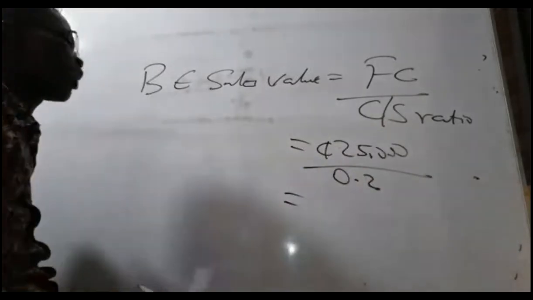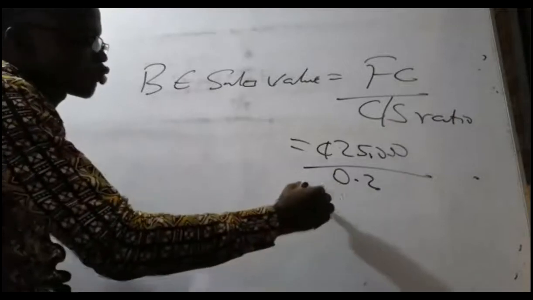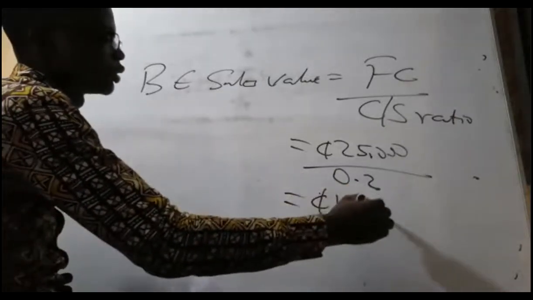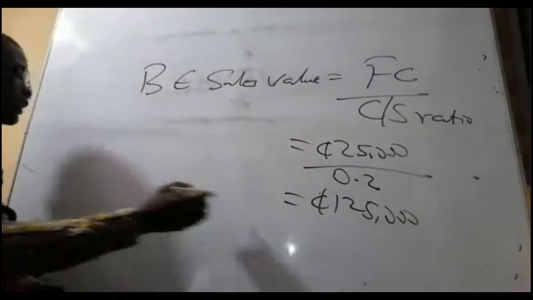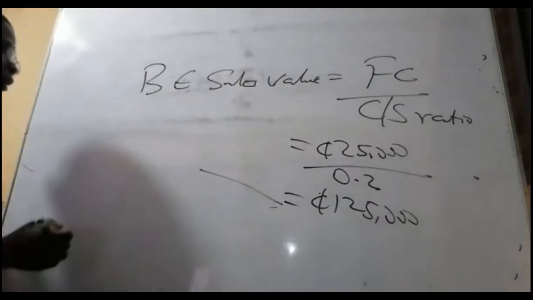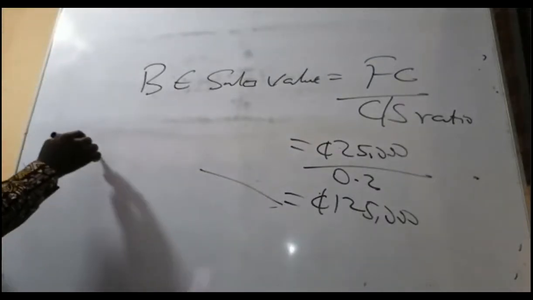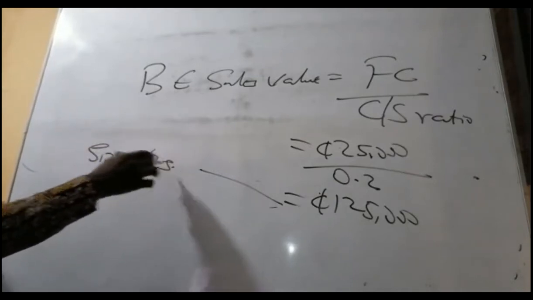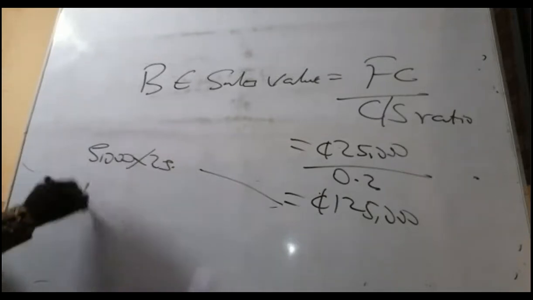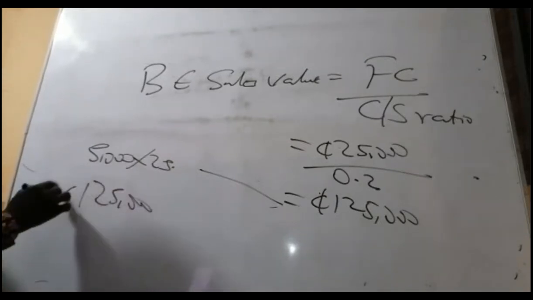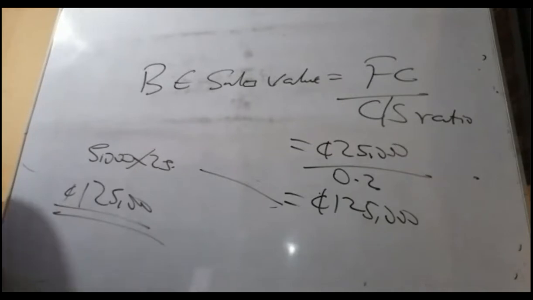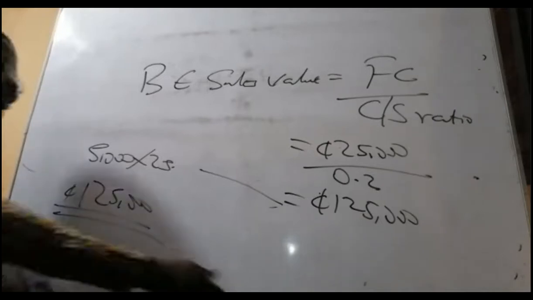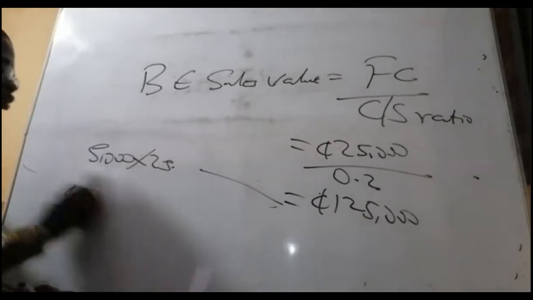So this will give us 125,000, which is the same as the answer we had for the 5,000 times 25. Basically the same. Okay, now let's move on to the second stage where we can use the CS ratio.